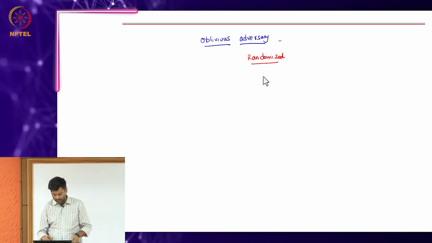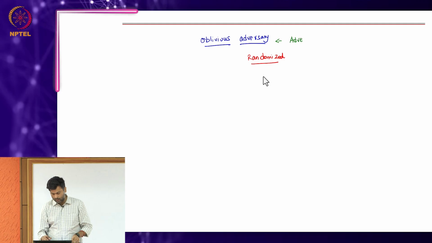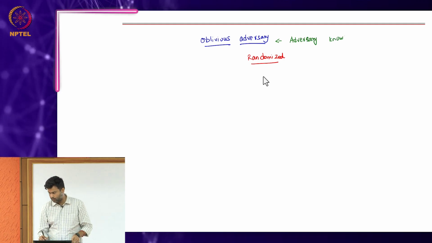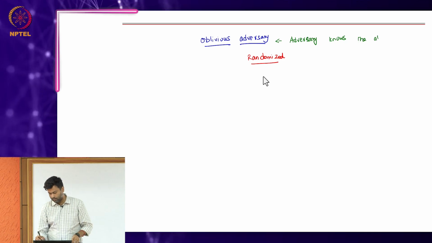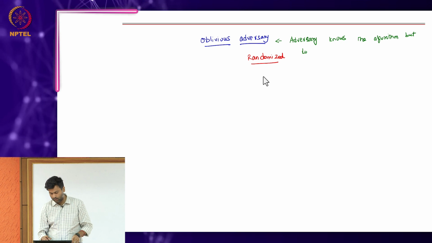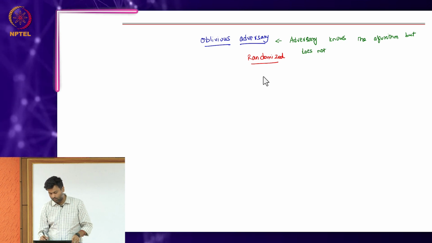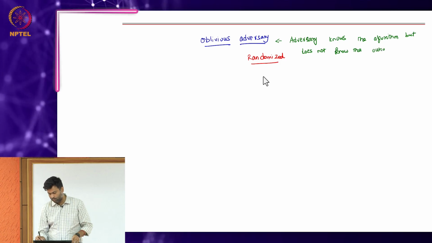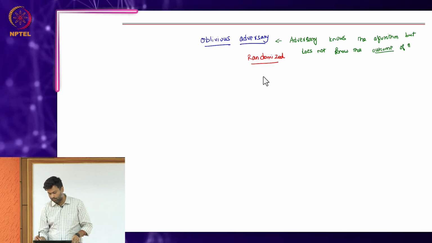By oblivious, these are adversaries who know everything about the algorithm, you publish the algorithm, but do not know the outcome of the random bits.